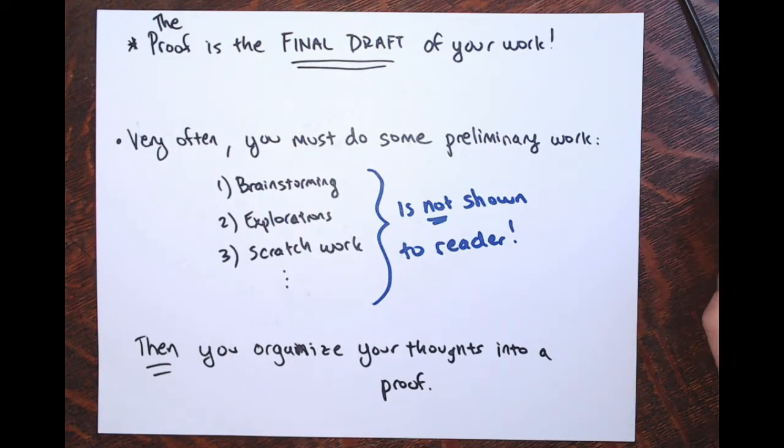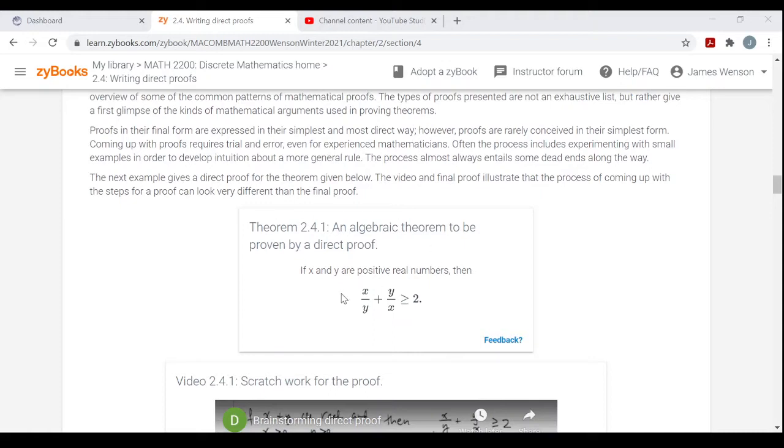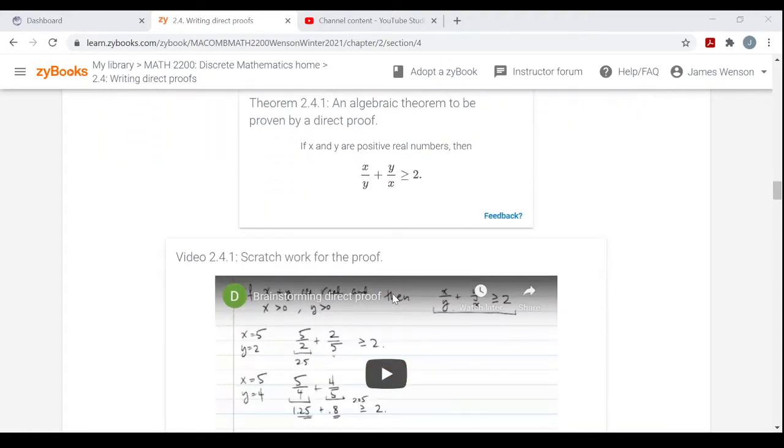So let me show you. Now they go through an example here. Here's a theorem. And you see scratch, they have a video here even. You can watch it in here or pull it up on YouTube. Here's a theorem. If x and y are positive real numbers, then x divided by y plus y divided by x will be greater than or equal to 2.